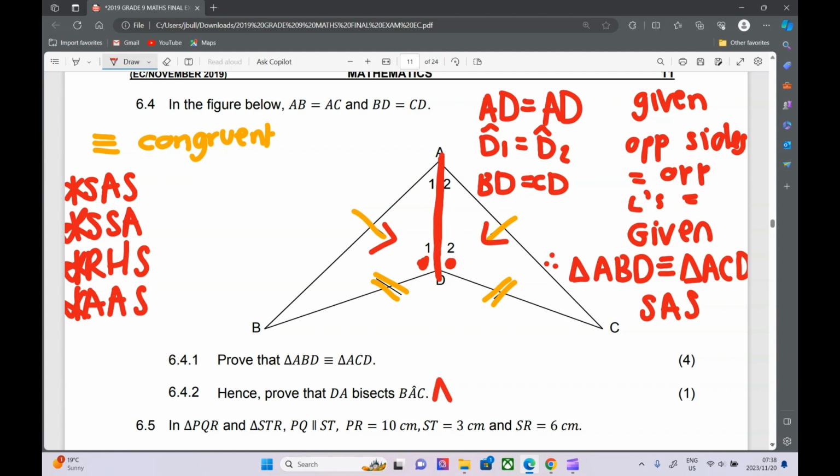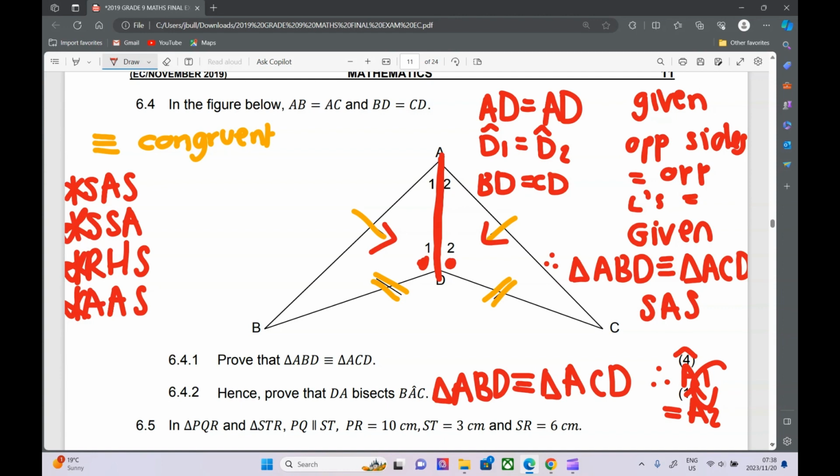So we can say triangle ABD is congruent to triangle ACD. We've just proved that. So because of that, therefore, angle A1 is equal to angle A2. Okay, and if those angles are equal, then it means that it does bisect.